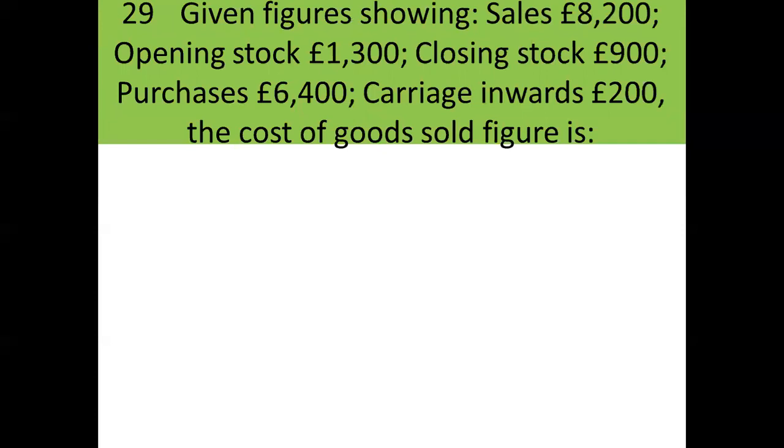The cost of goods sold figure is, as we know, opening stock of 1,300 plus purchases of 6,400 plus carriage inward of 200 minus the closing stock of 900.